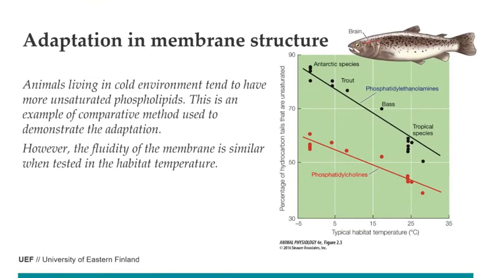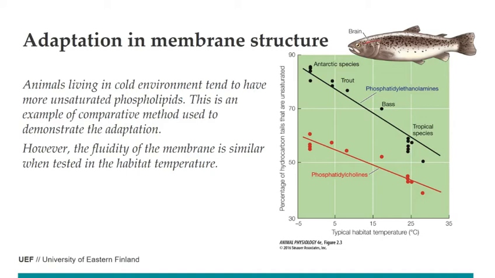And this is something that you should already know, that membrane saturation depends on the adapting temperatures. So animals that are living in a cold environment have more unsaturated phospholipids. And this is an example of the comparative method used to demonstrate the adaptation.